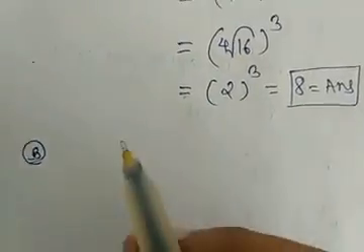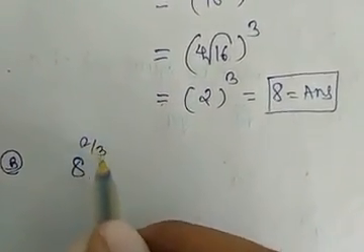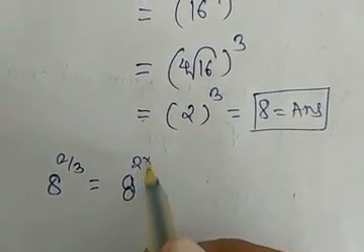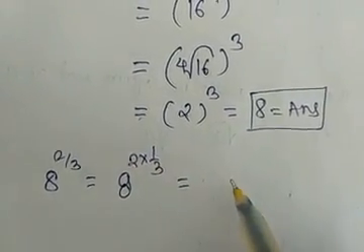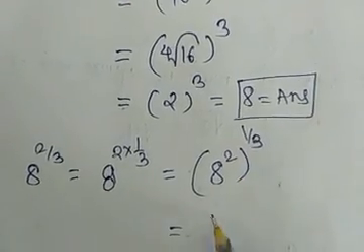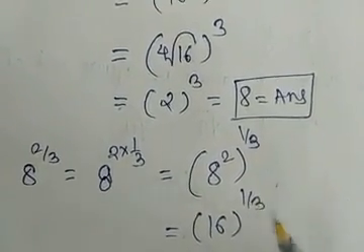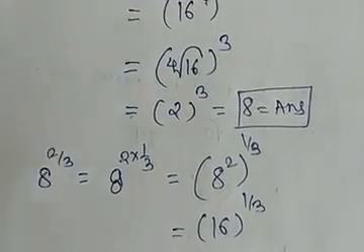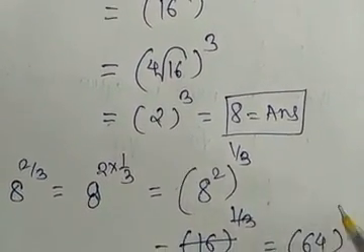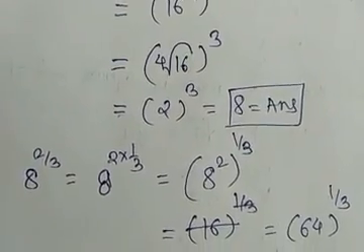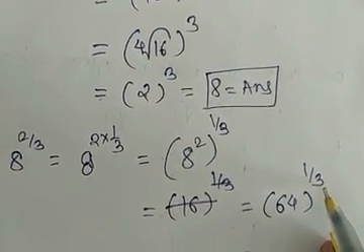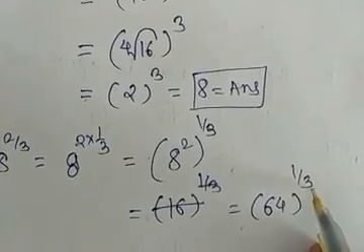Now consider the next example, 8 raised to 2 by 3, which can be written as 8 raised to 2 multiplied by 1 by 3, which gives 8 square raised to 1 by 3. Okay, 8 square is 64, raised to 1 by 3. Now 64 is obtained by which number multiplied 3 times?